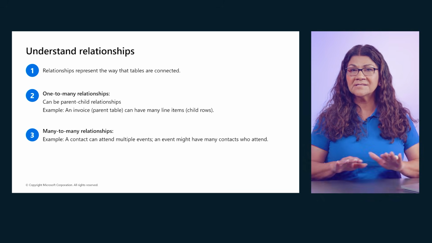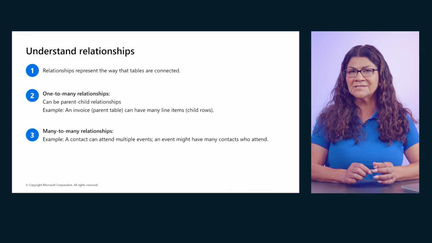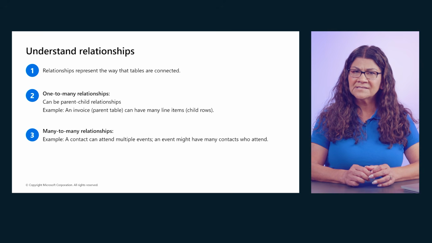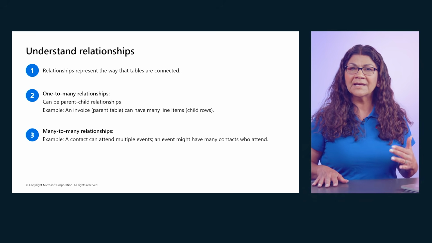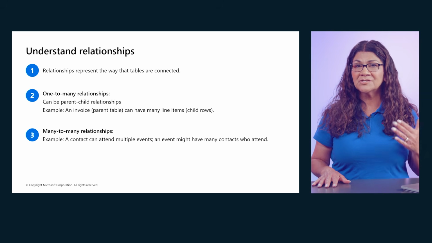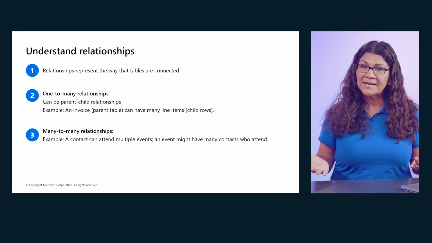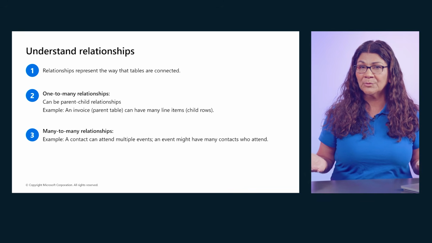Dataverse handles this using an intermediary or junction table, also known as a bridge table, that manages these associations. This relational flexibility enables complex scenarios such as tracking customer participation across marketing campaigns or managing student enrollments across multiple courses.